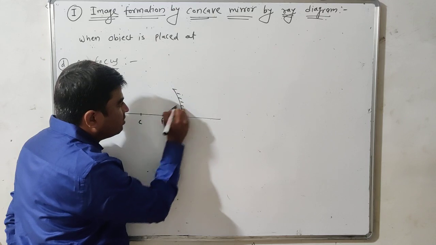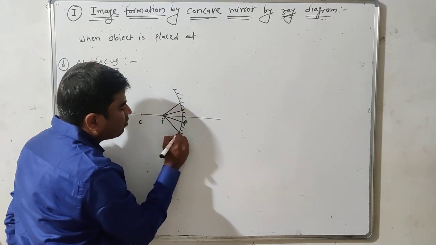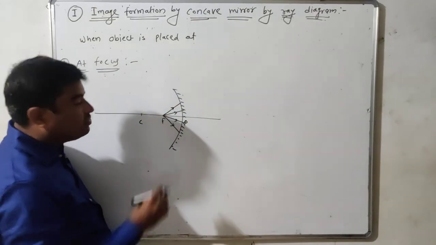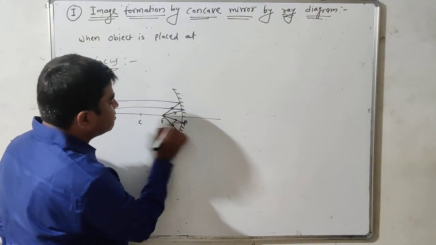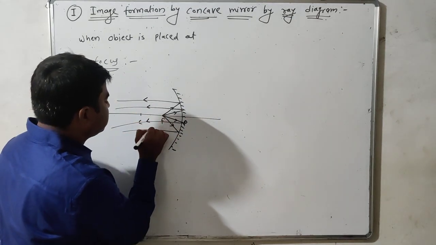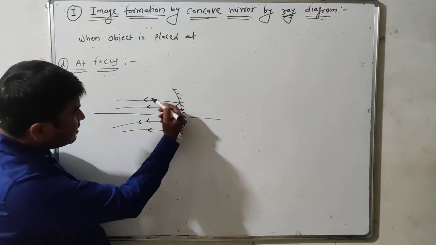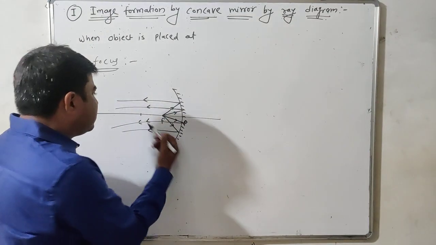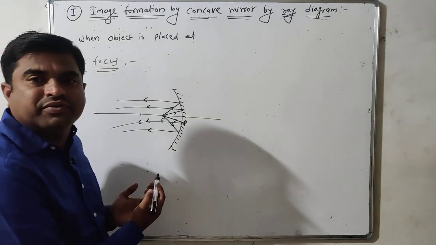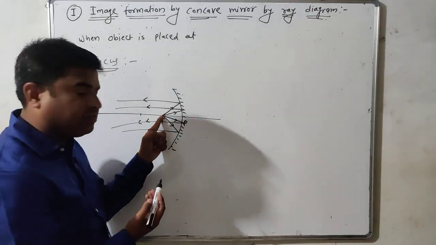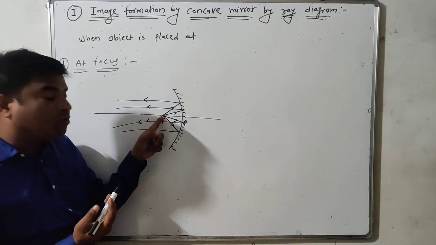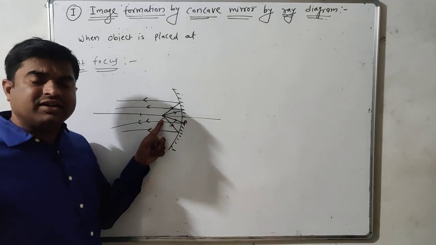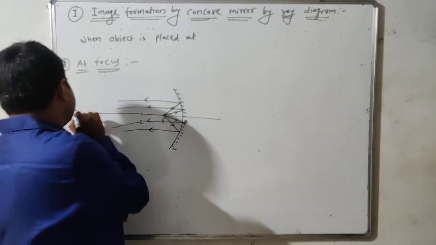All the rays emitted by object at focus, after reflection become parallel to each other. Now these rays are parallel to each other, so they never meet each other. That means image of object located at focus is imperceptible, or we can say that it is located at infinity, so we cannot get the image.